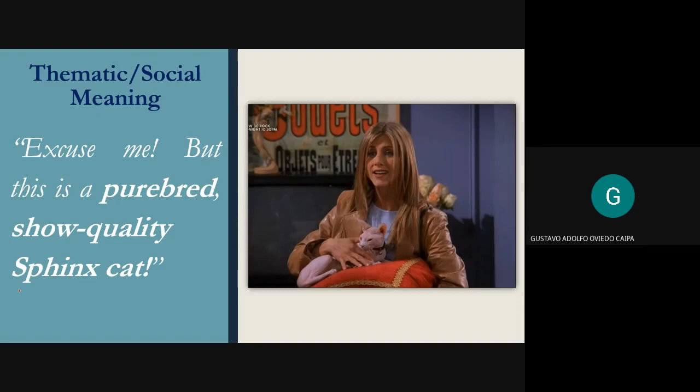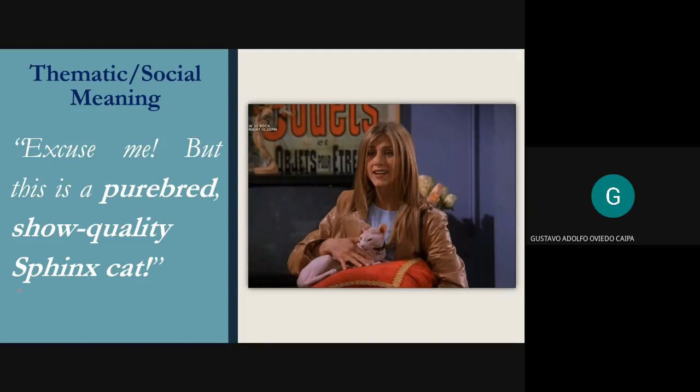That means she is organizing her message in a way that shows the emphasis on the quality of the cat, because she could have chosen another construction. She could have said, "This is a Sphinx cat, and it is purebred and show quality," or something like that. A different construction, right? But she chose precisely this order of the adjectives in order to emphasize how important the cat is.